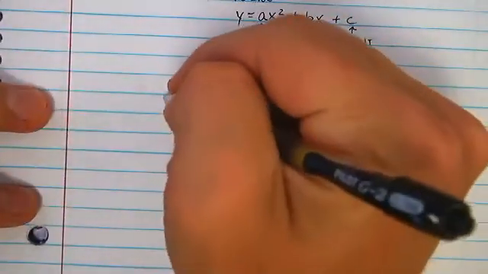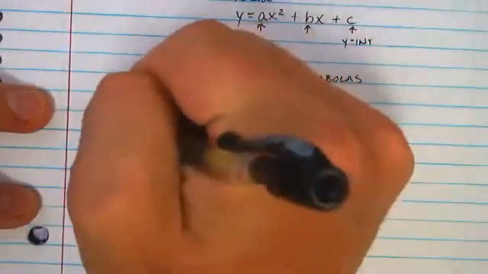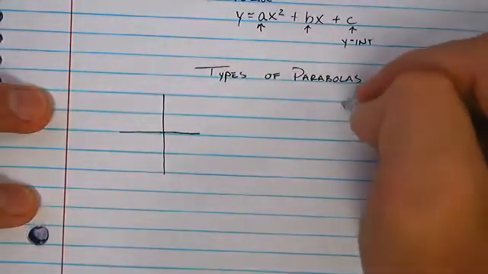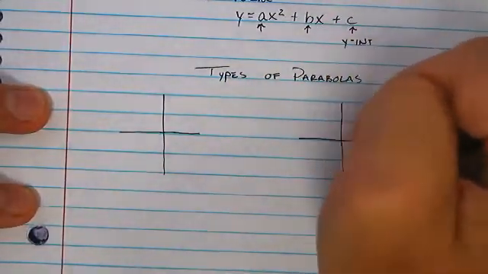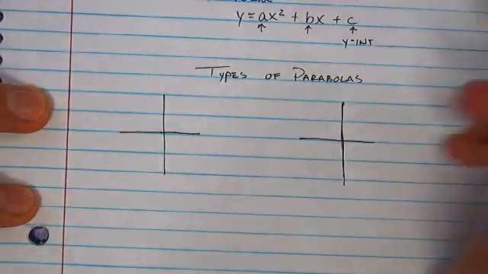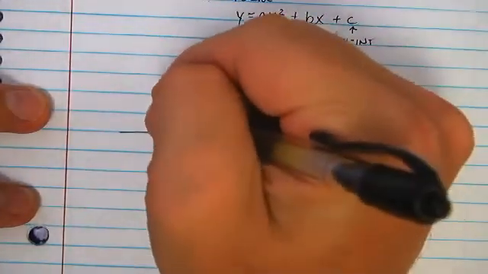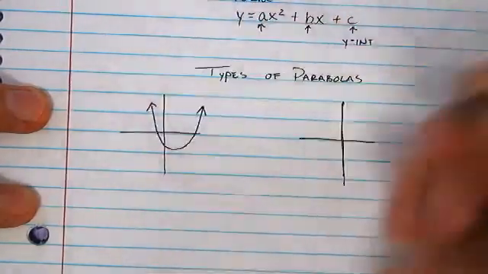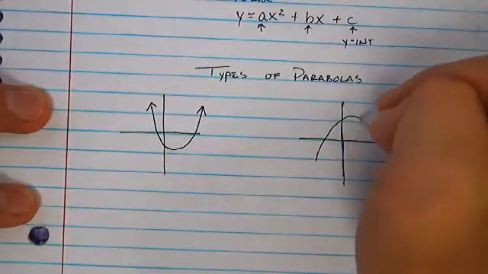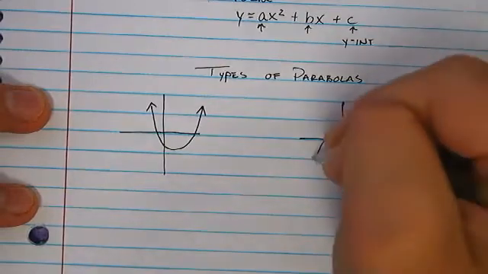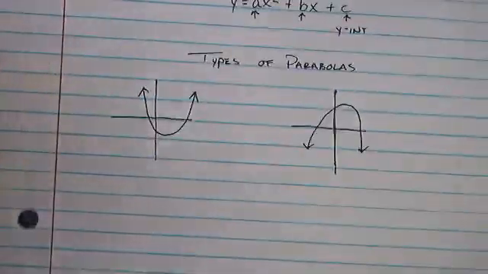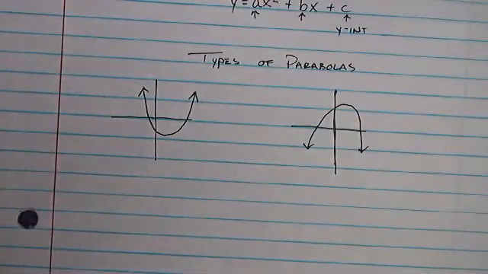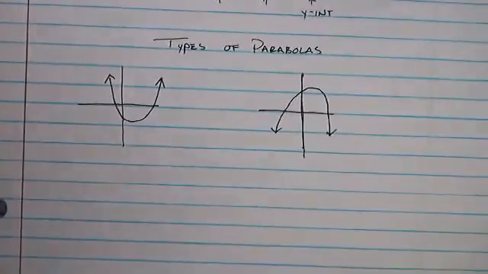Okay, so when we look at the two different types of parabolas, okay, now they can be anywhere on the graph and they can touch those, but what we need to know is that they're always symmetrical. So as symmetrical as we can draw them, at least. All right. So there's our two types.